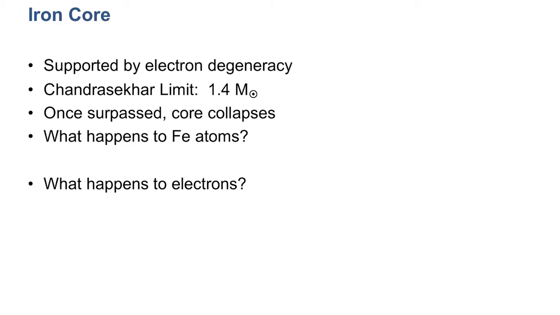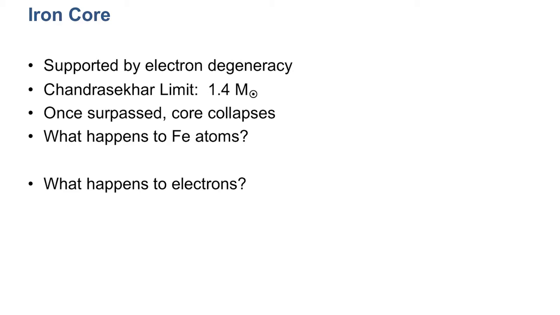The iron atoms are actually completely smashed apart. The photons that are running around in this soup that is now several billion Kelvin hot are so energetic that they can undo all of the work that was done to create them in the first place, right?